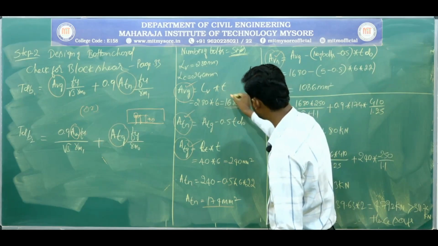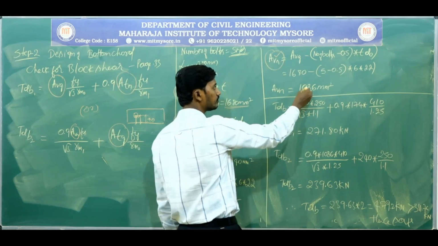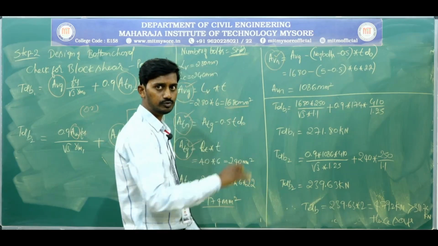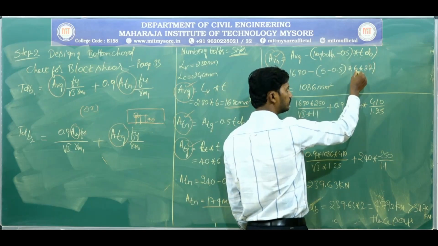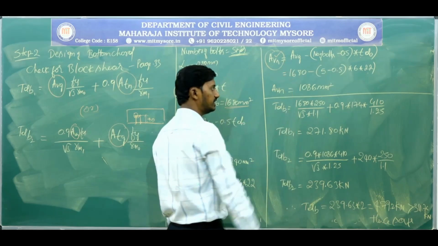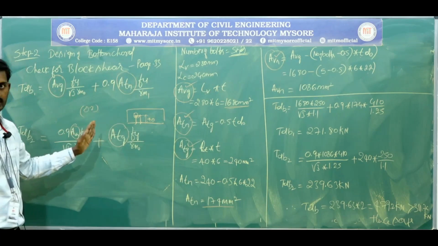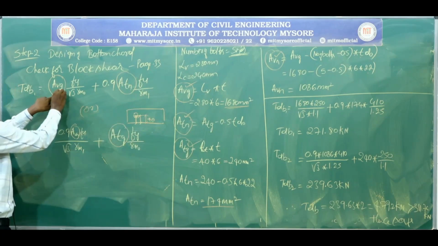AVG we have already calculated, that is 1680 gross area. In the gross area, 5 number of bolts are there. Under 5 number of bolts, minus 0.5 into thickness of the plate, which is 6, D0 is 22, we got AVN also. So all these 4 areas we calculated, just substitute them into the equation.